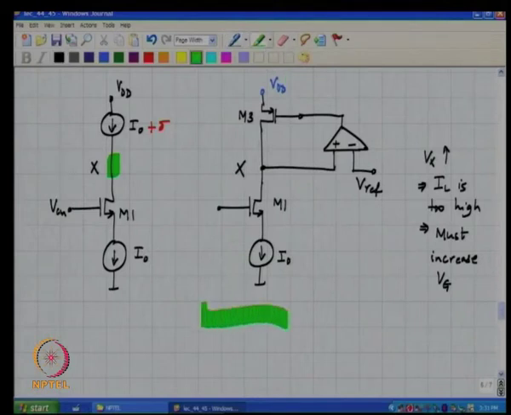Okay. So, recall that this is the common mode half circuit and must only apply to common mode signals.